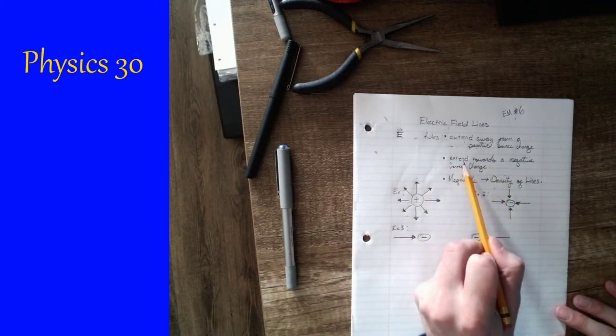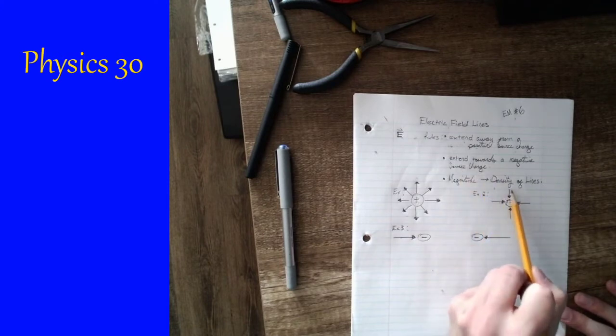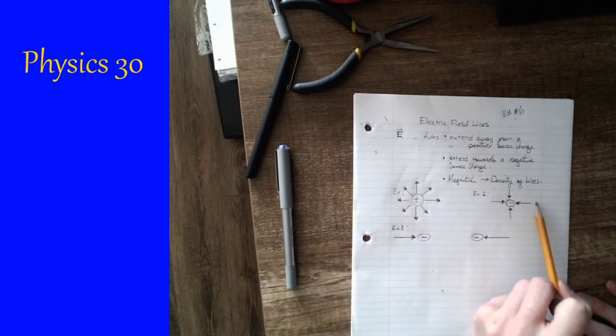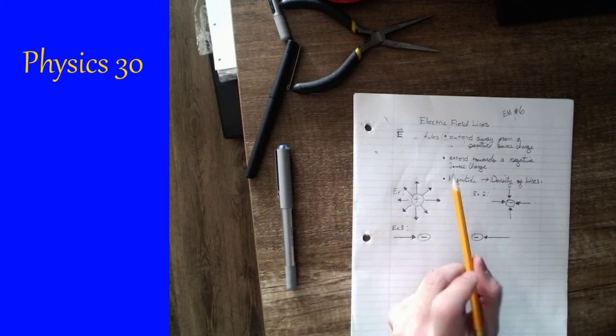Along that same line of logic, field lines extend towards a negative source charge. So if I placed a positive charge here, our test charge, it would want to move towards the negative charge.